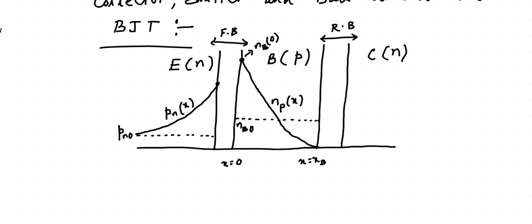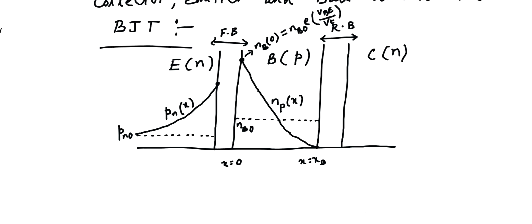This NB0 we have derived, if you have forgotten the derivation, you can go back and check: NB at x equals 0 is NB0 e to the power VBE divided by VT, where VBE is the base emitter voltage, also written as VA, the forward bias applied voltage, and VT is the thermal voltage. Okay, so this is what we have already derived, right?